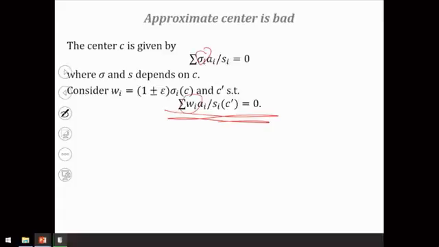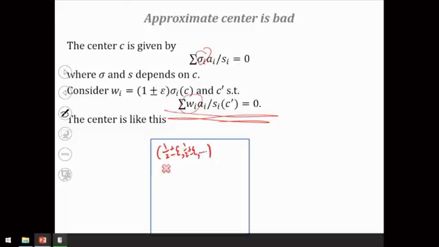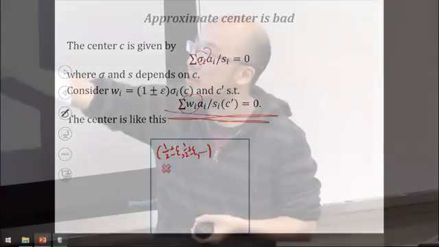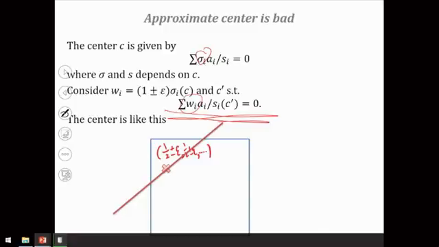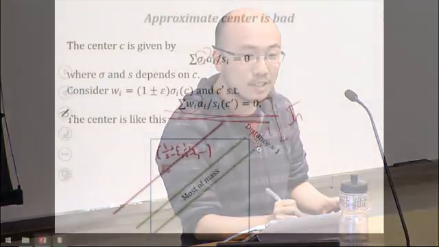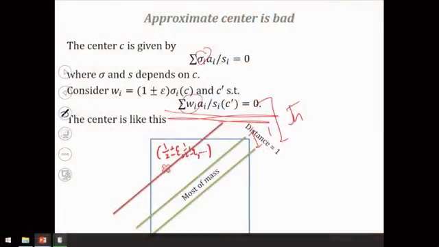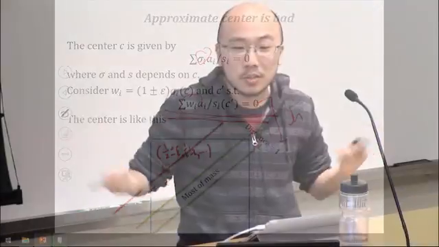You replace the sigma I by the approximate sigma I, and then, for example, for the hypercube, after you approximate that, in general the center is half, and then the approximate center will be half plus or minus epsilon. This is super bad because, for example, the hyperplane is this one. We know most of the volume is inside this band with distance 1 because of concentration, and here the distance is square root of n. So you are only cutting some exponentially small region. So this is difficult.